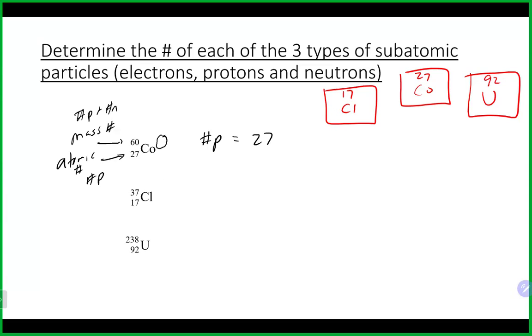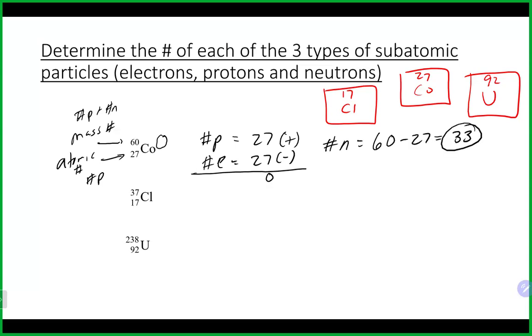So again, since these are positively charged, it needs to have a matching number of electrons to balance it out. Once again, 27 positive guys with 27 negative guys is going to give us a neutral overall charge. For our number of neutrons in this case, we're going to take the top number, which is our mass number, minus the bottom number, which is our atomic number. And I'm going to try to do better than I did last time. 33, we'll go with that one there, hopefully. Any questions on that there?